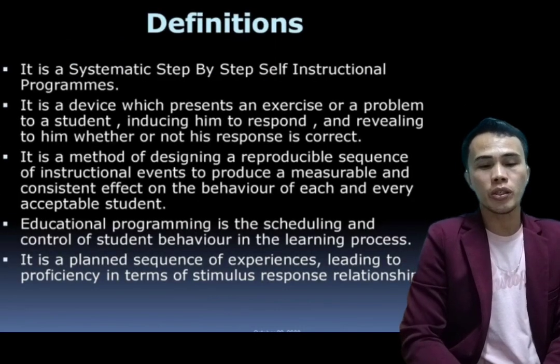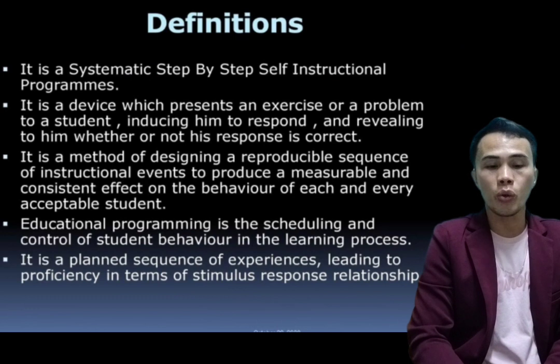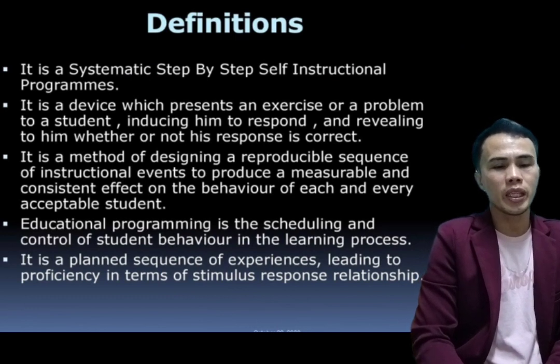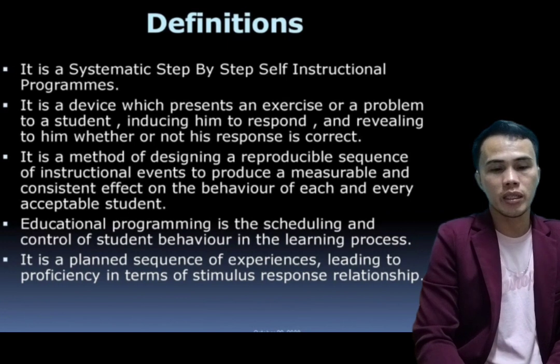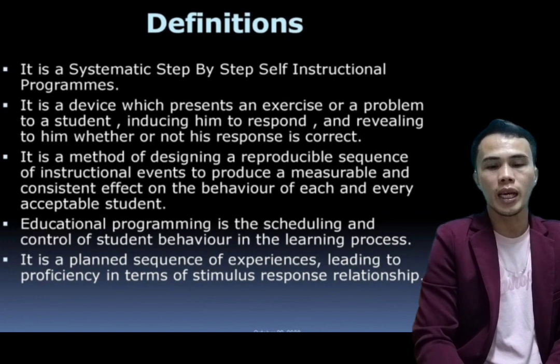So the definitions of program learning. Program learning is a systematic step-by-step instructional program. It is a device which presents an exercise or a problem to a student, inducing him to respond and revealing to him whether or not his response is correct.